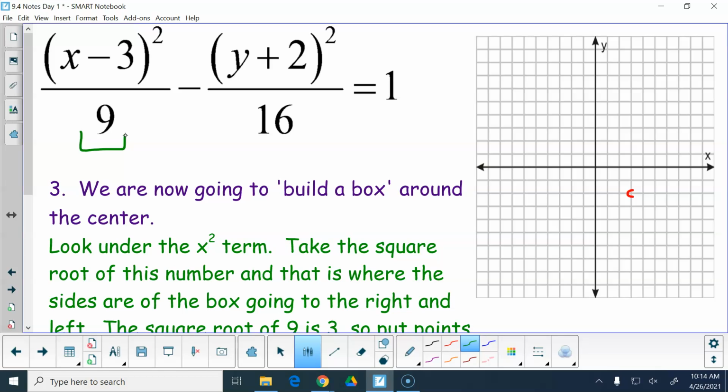So I'm going to go left 3, 1, 2, and 3, and put a little dash there. And I'm going to go right 3, 1, 2, and 3, and put a little dash there. That's all I'm going to do right now, just make those little dashes. Those are where the left and right sides of my box are going to end up, along those vertical lines.